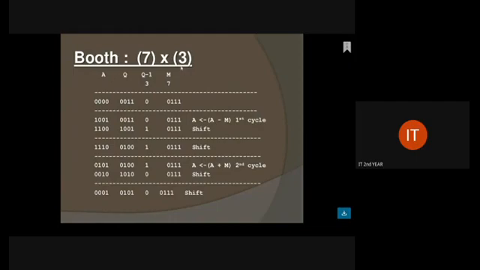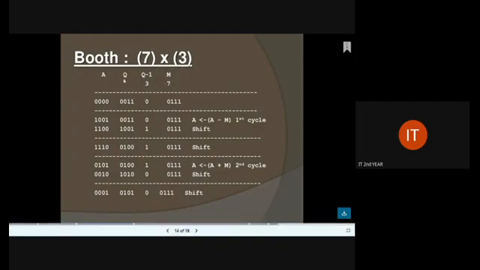So the multiplicand will be represented as m and the multiplier will be represented as q. That's it. Now we have to count the bit values. Both m and q are 4-bit digits.